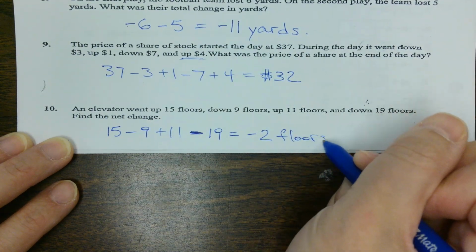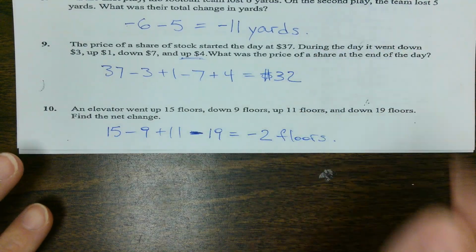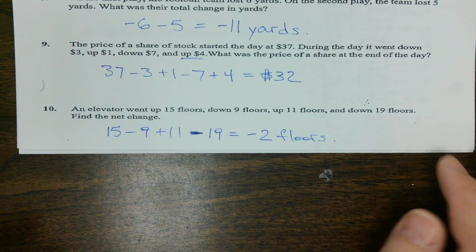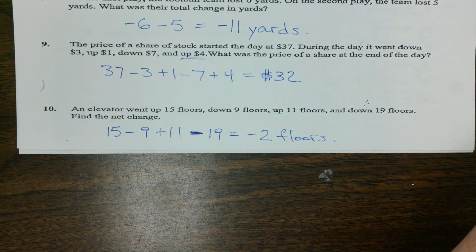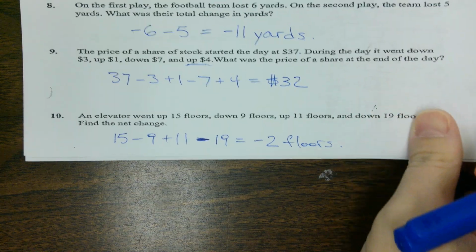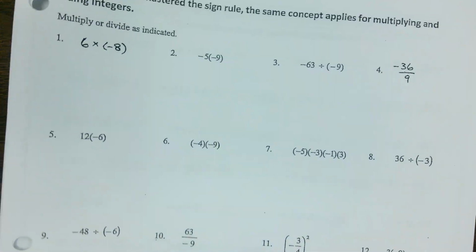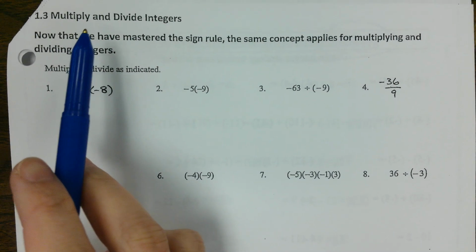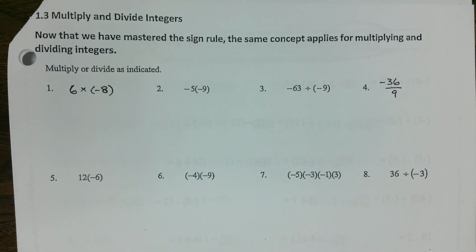Floors. Okay, for each of these, remember units, units, units. Okay, so how many of you thought that was easy? Awesome. Okay, it should be because it's grade 5 stuff. So now we get into multiplying and dividing. Same rule applies with multiply and divide.